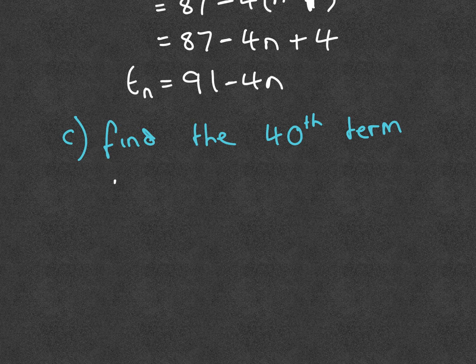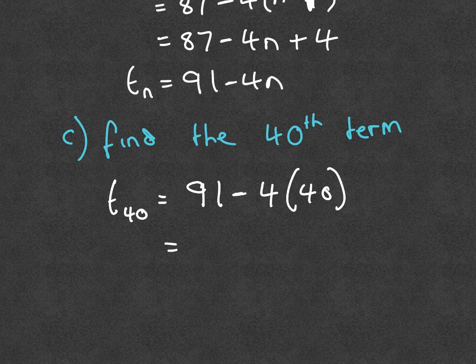Term number 40 is going to be equal to 91, take 4 times 40. Now 4 times 40 is 160, so we've got 91 take away 160, which is equal to negative 69. So that would be the 40th number in this sequence.